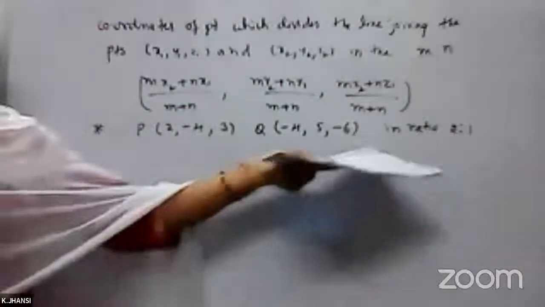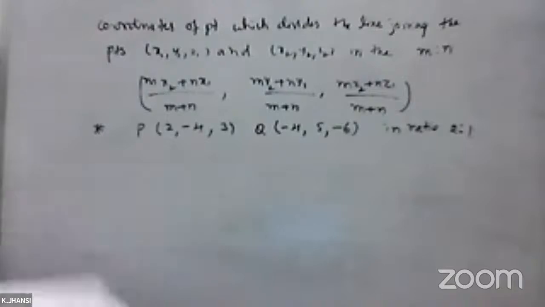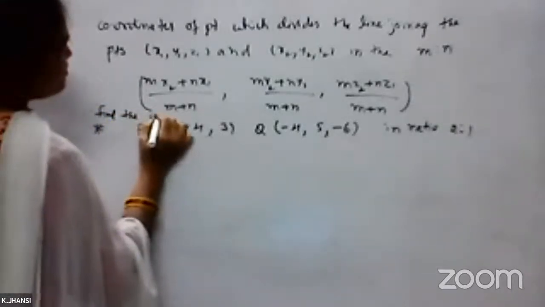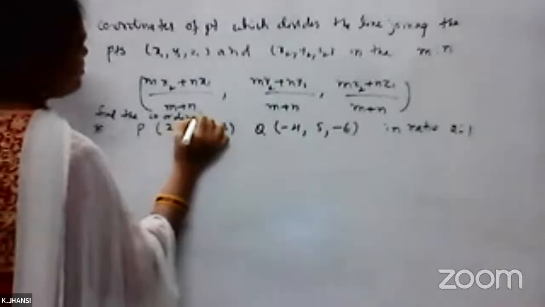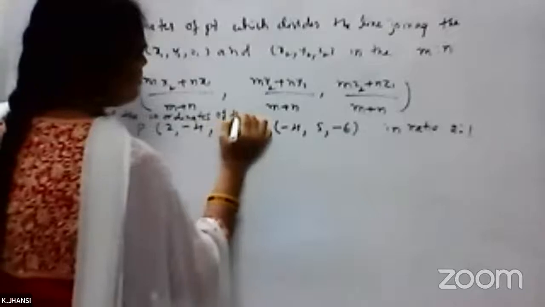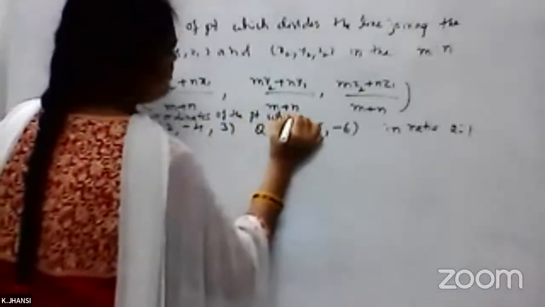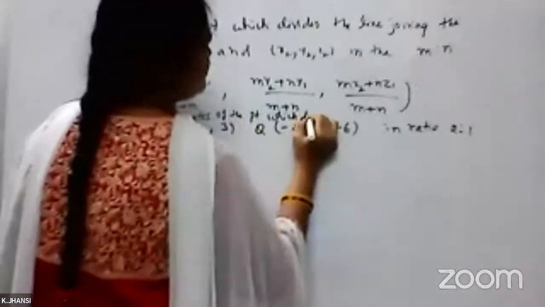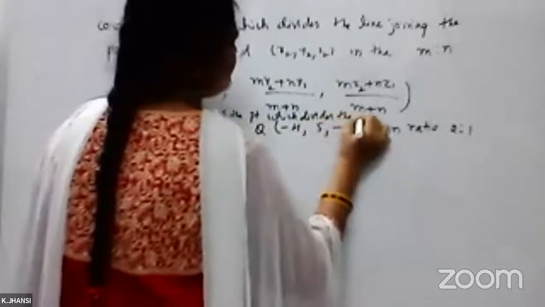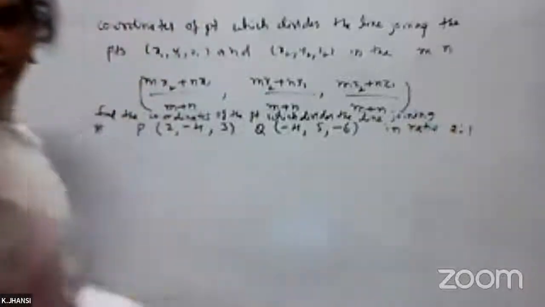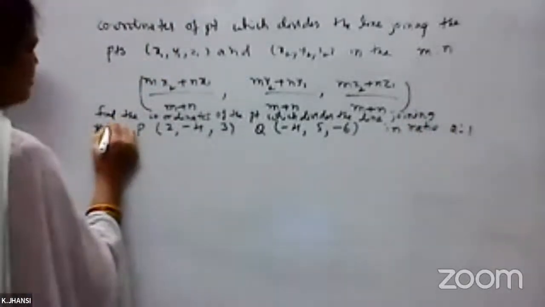So if 2 points are given in the ratio 2:1, you will have the question: find the coordinates of the point which divides the line joining the points.